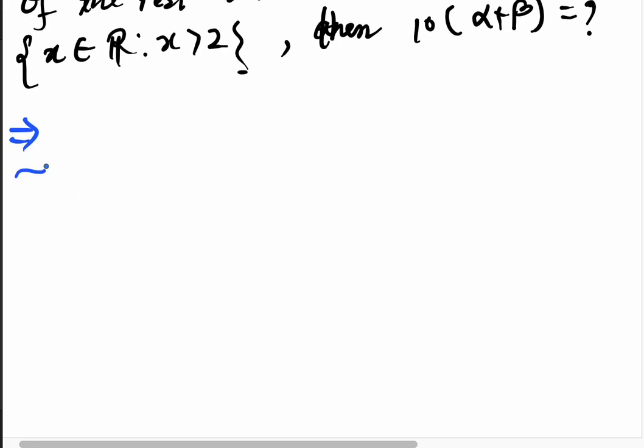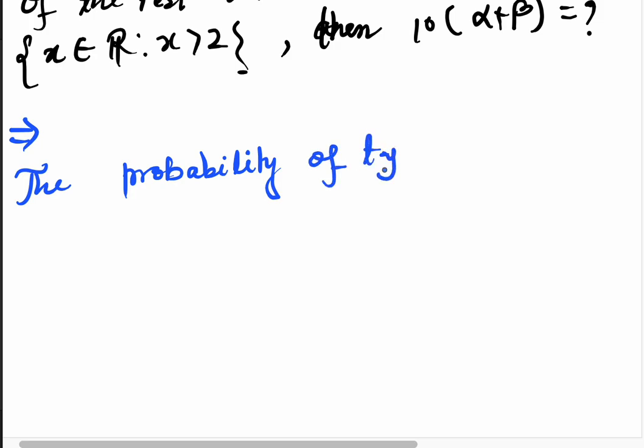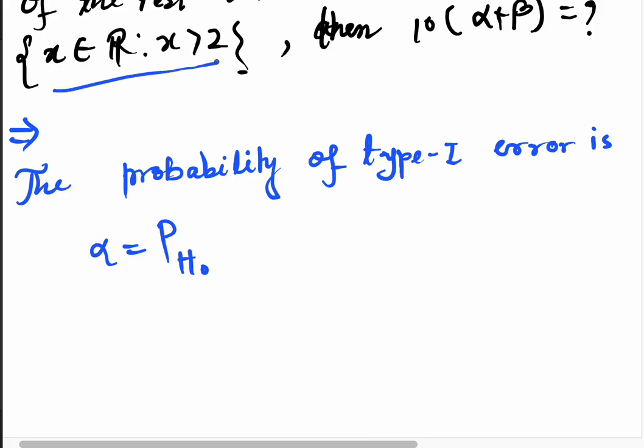So the probability of type 1 error is alpha, equal to, under the null hypothesis, this is the critical region where we reject the null hypothesis.